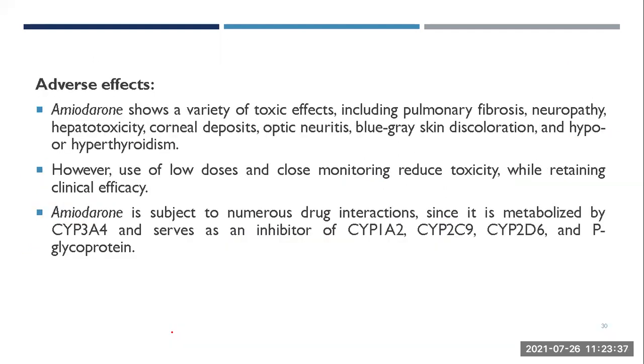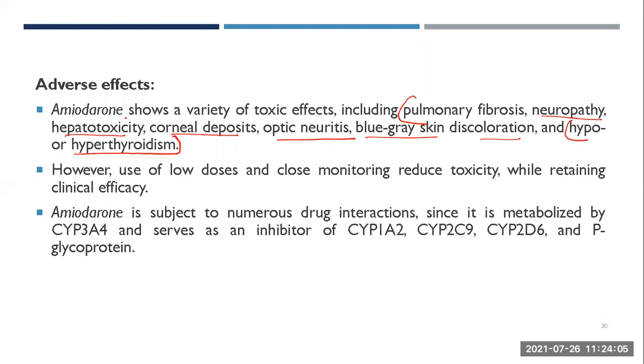Okay, so the adverse effects of amiodarone: it shows a variety of toxic effects, which include pulmonary fibrosis, then neuropathy, then hepatotoxicity, then corneal deposits, then optic neuritis, then blue-gray skin discoloration, and hypo or hyperthyroidism.